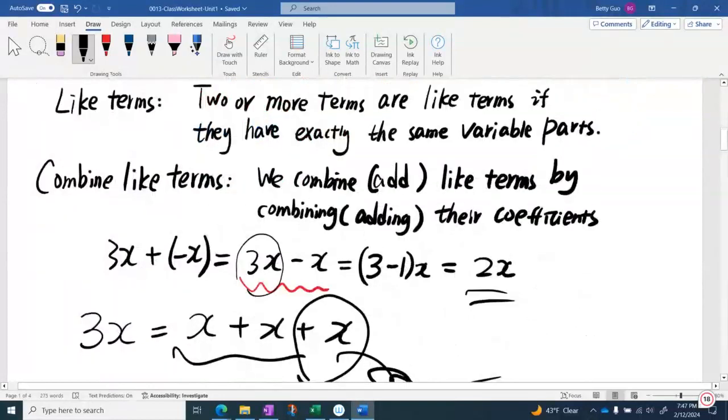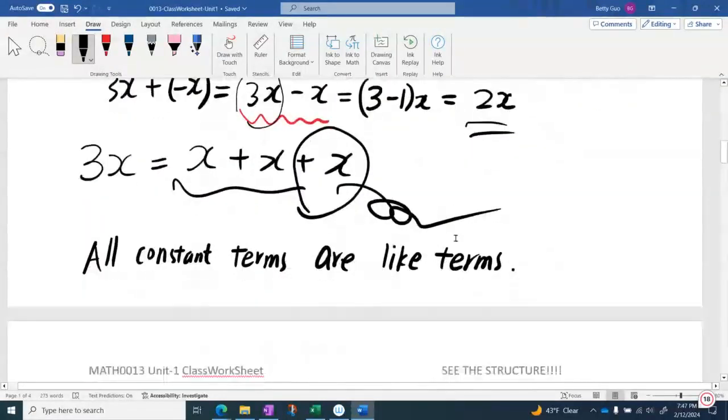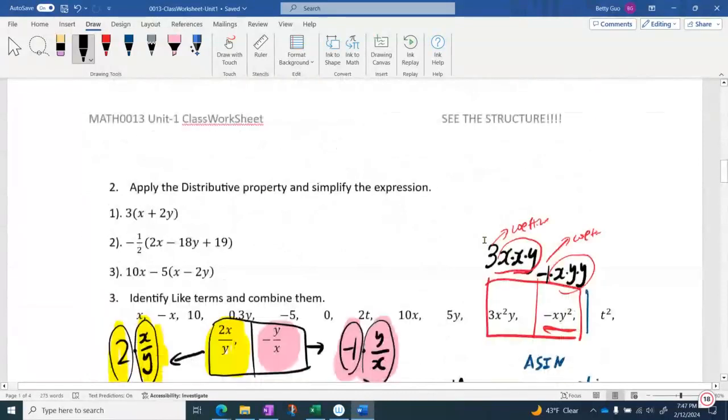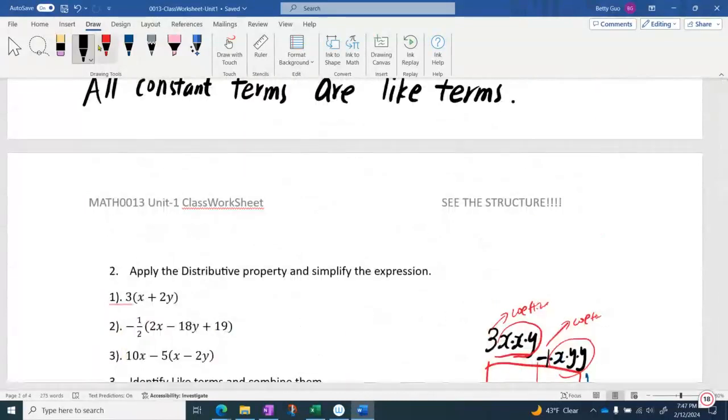And you can actually see those variable parts as chips, right? Let me give you another example. Let me give you 5x cubed yz^2. And another one is -3x cubed yz^2. So those are 2 terms.